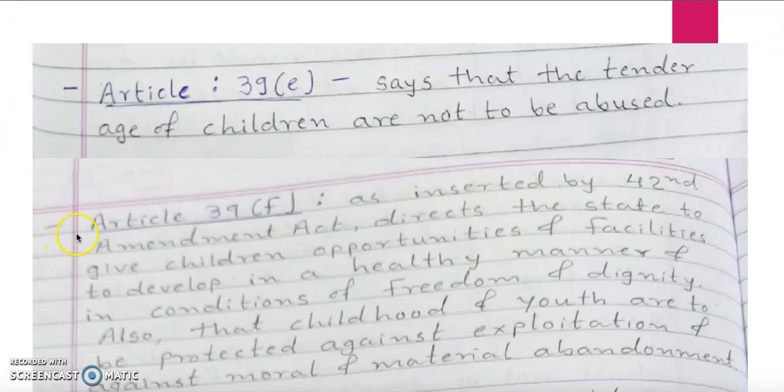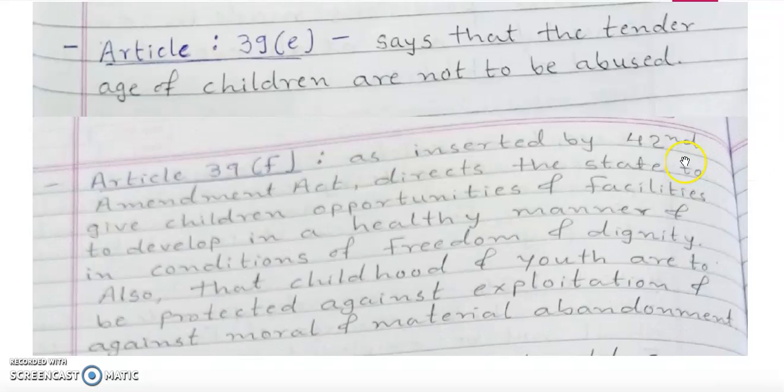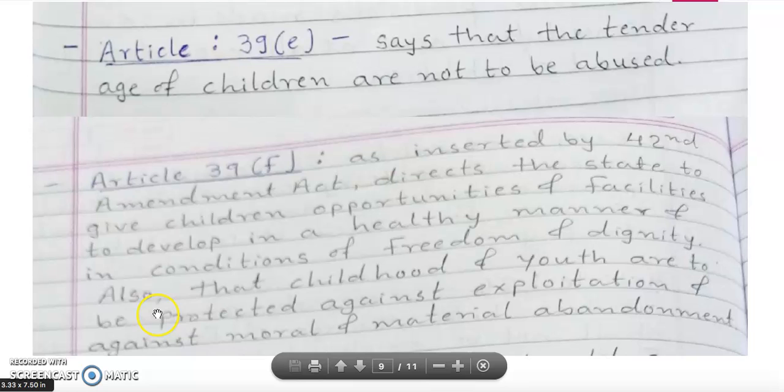Remember this. And then under Article 39, Clause F was inserted by the 42nd Amendment Act. Remember, the 42nd Amendment Act in the year 1976 directs the state to give children opportunity and facility to develop in a healthy manner and in conditions of freedom and dignity, and also that childhood and youth are protected against exploitation.